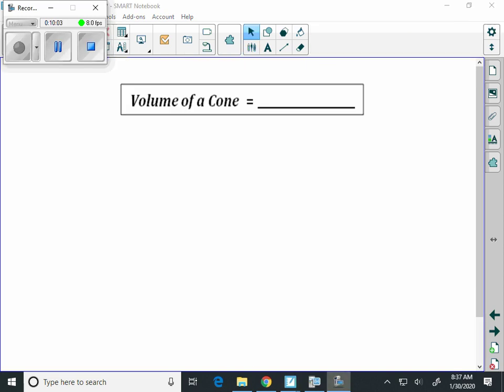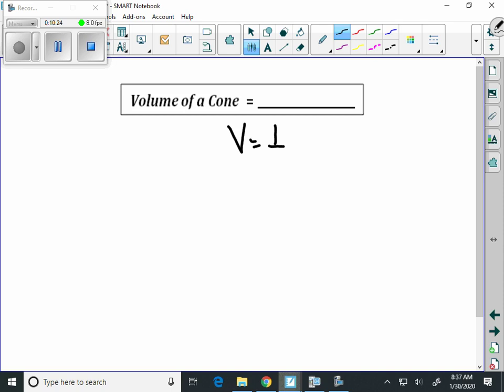When we flip our paper over, we see the volume of a cone formula. So you can look at your reference paper, and a cone is going to have a circle in it. I wish I could have found a picture of it, but the formula for the volume of a cone is 1/3 times the area of the base, which is a circle.